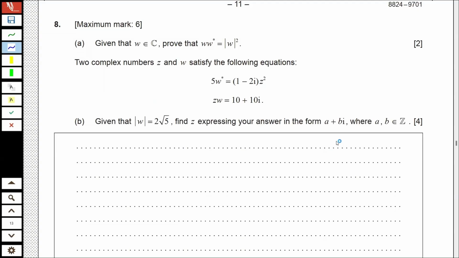Question 8. Given that W is a complex number, prove that W times the conjugate of W equals the square of the magnitude of W. Yeah, let's prove that first.